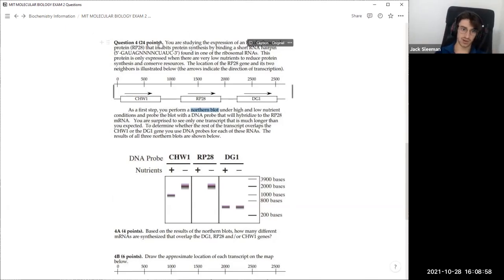You also note here, it says you're studying expression of E. coli ribosomal protein RP28, that inhibits protein synthesis by binding to short RNA hairpins. So when we have low nutrient conditions, it seems like RP28 is expressed. All right, cool. So what does that do? As soon as RP28 gets expressed, it seems to bind to hairpins.